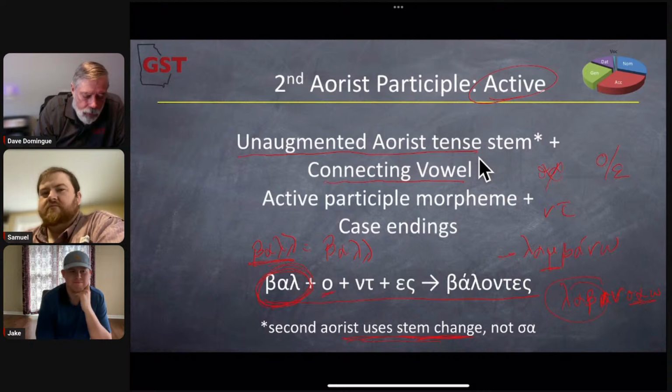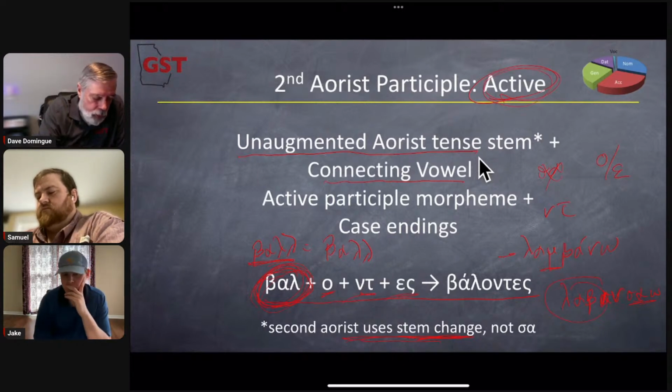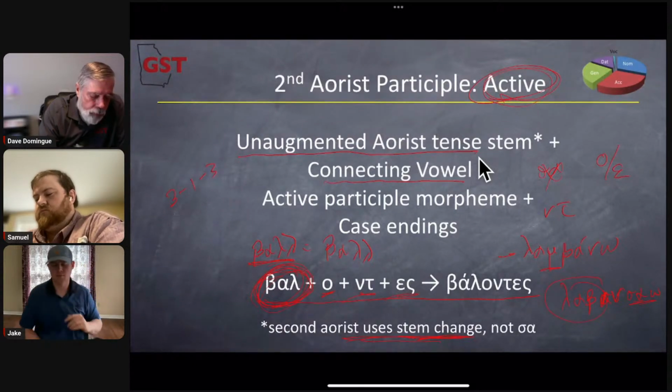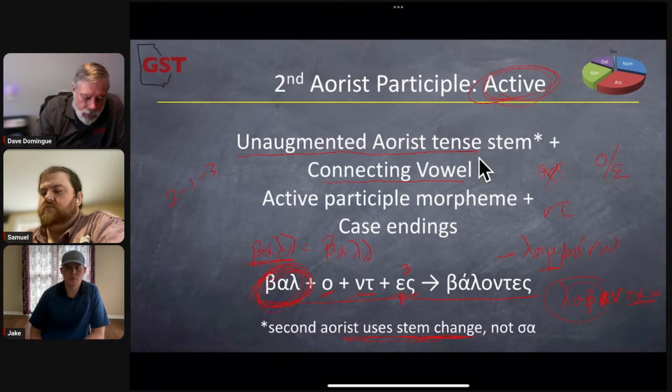We have a connecting vowel, so we don't have a tense formative. It's the tense stem that's going to tell us that it's the aorist. We do have our new tau for the active, and we have our case endings. Case endings are going to be 3-1-3 pattern, right? So this is a third declension. This is actually the connecting vowel.